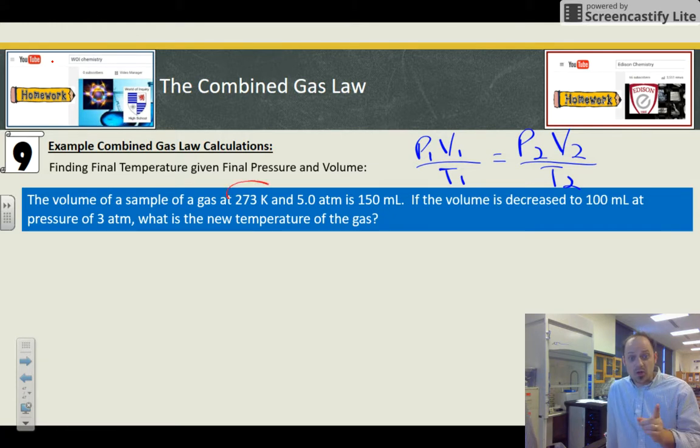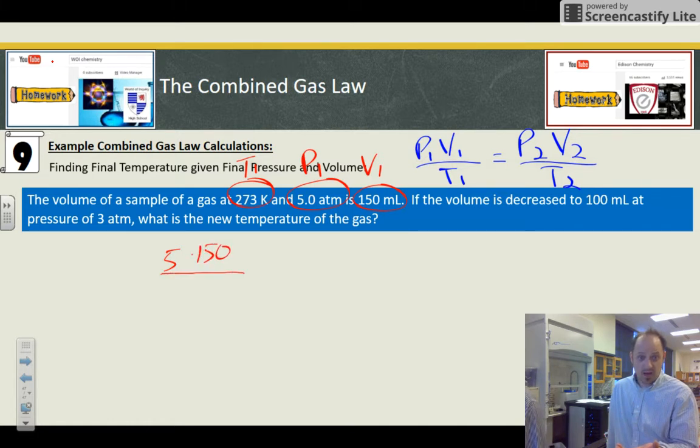So gas at 273 Kelvin, that's T1, write it over the top. 5 atmospheres, that's pressure, so that's P1. And 150 milliliters, that's volume. Can I plug them in right now? Sure. So 5 times 150, divided by 273.